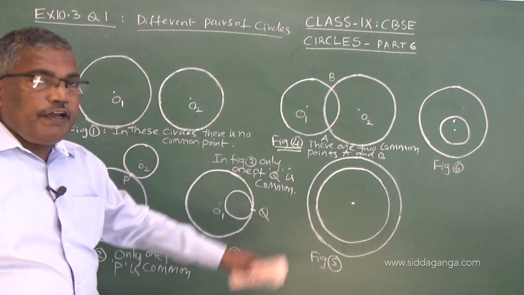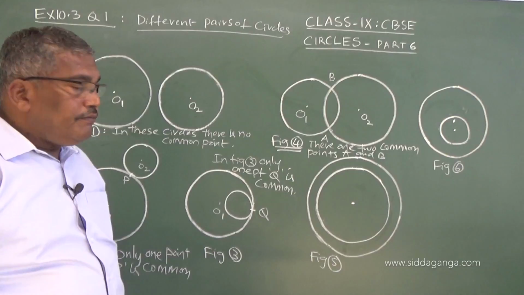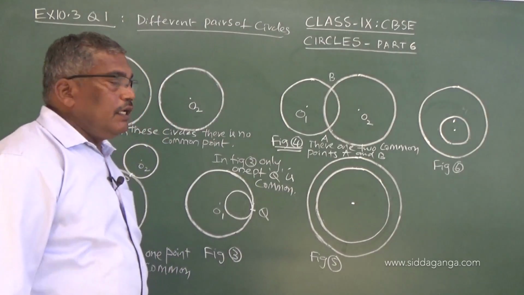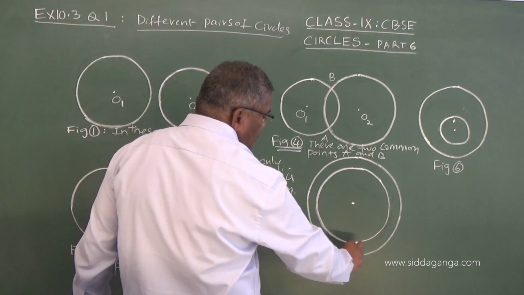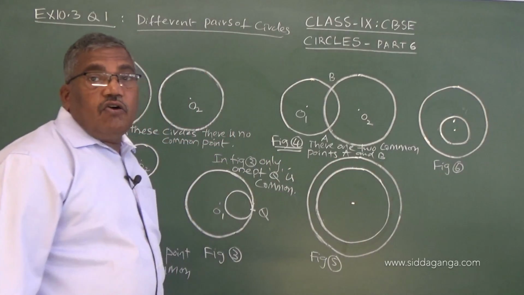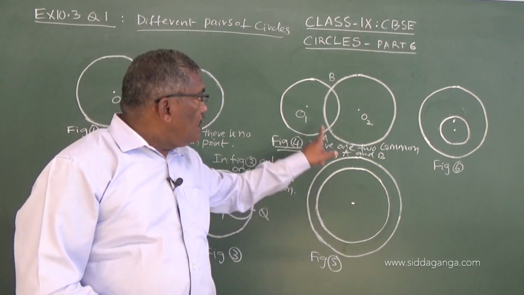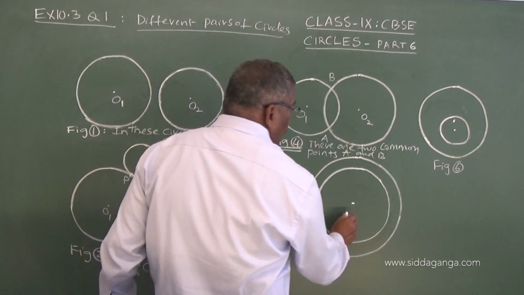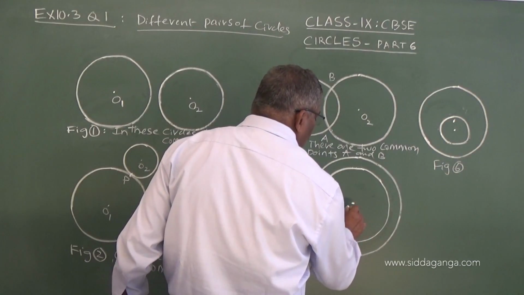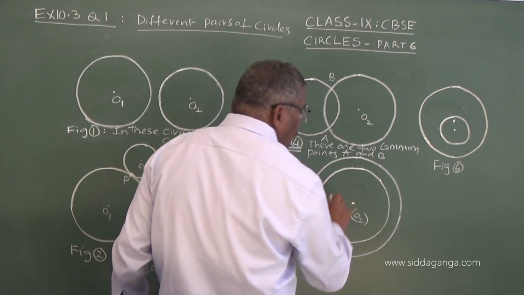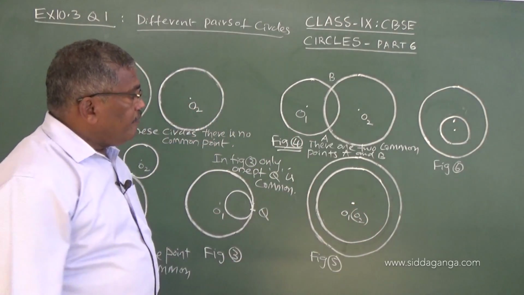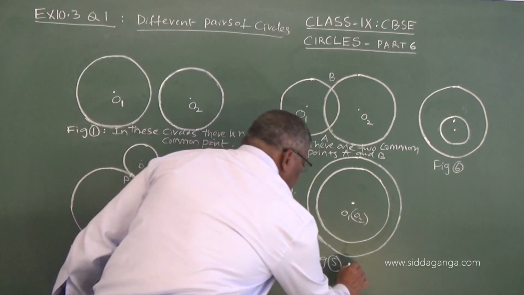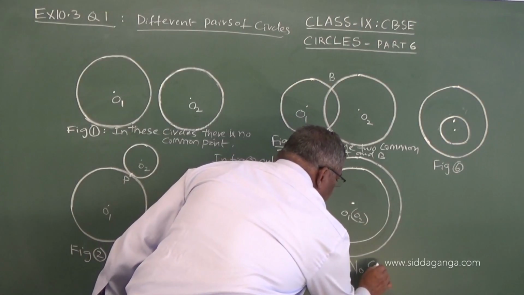Now come to figure 5. Here the circles maintain equidistance. As you can see, these are concentric circles. O1 and O2 have coincided, so O1 is the same as O2. In this figure, on the circle, there are no common points, as you can observe. I will write: no common points.